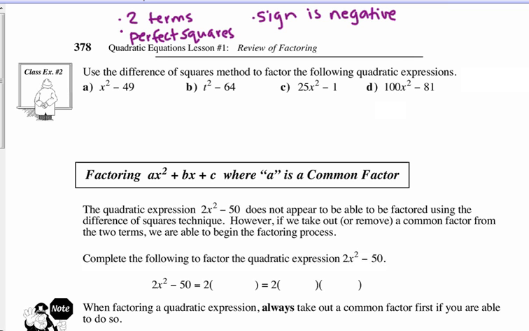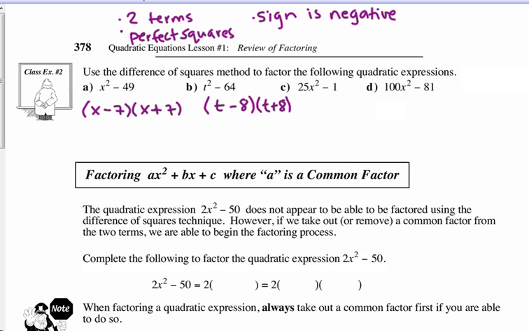And then it's really easy. Because what's the square root of 49? 7. So what does it become? x minus 7, x plus 7. Does it matter the order in which you put those two? No. The next one, what would it become? So square root of 64 is 8, so we get, it's a t instead, t minus 8 and t plus 8.